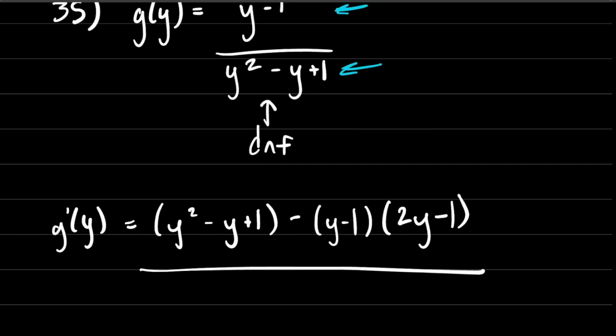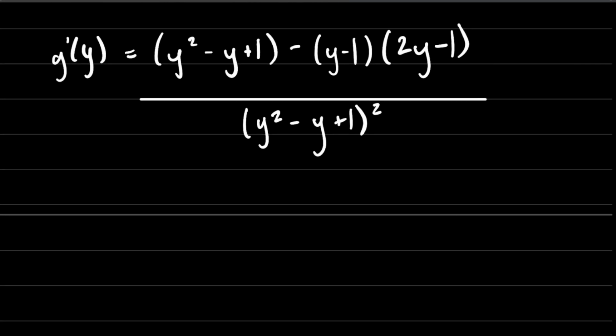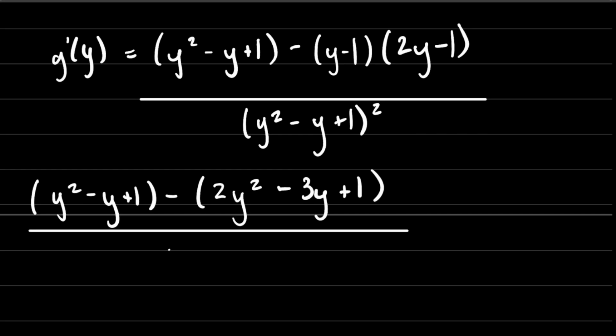And we're going to put that all over the bottom squared, which is y squared minus y plus 1 squared. This multiplies out, so we get y squared minus y plus 1 minus 2y squared minus 3y plus 1, and we put that all over the original, which is y squared minus y plus 1.